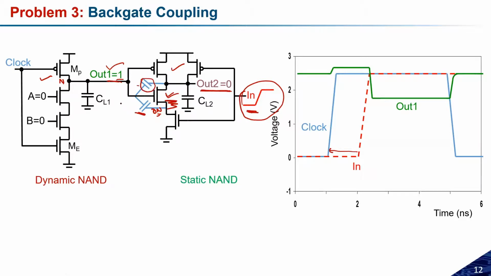So effectively the capacitance will increase, and the output during this phase might rise higher than the maximum voltage we have. We call this higher voltage the feed through voltage. This is due to clock feed through.